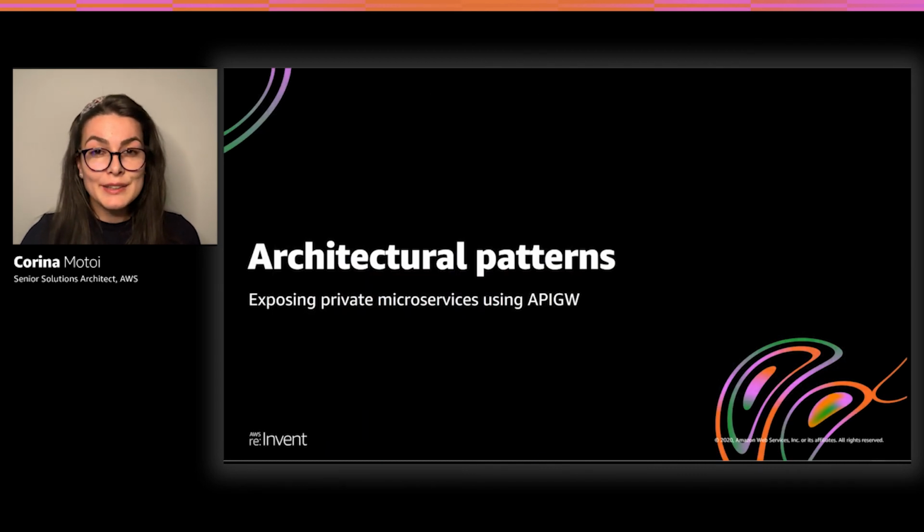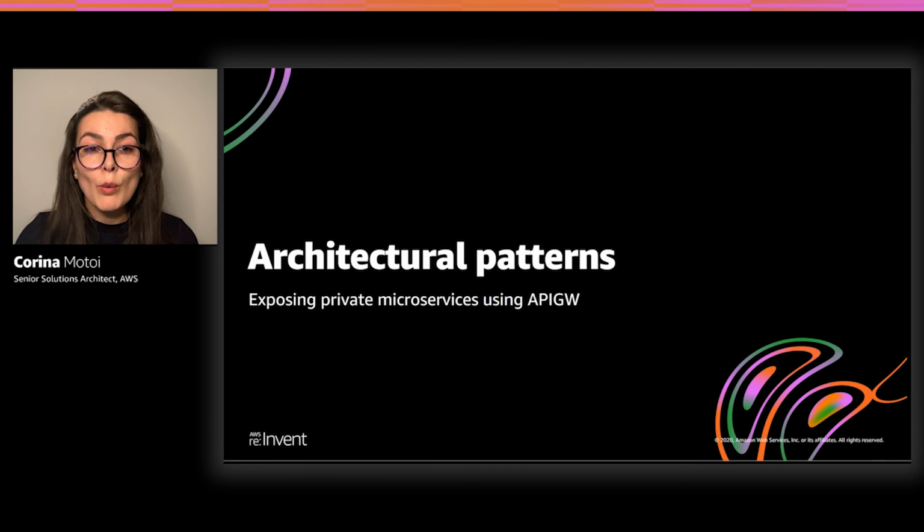One last pattern which I really want to discuss with you, as I think it is quite useful, is with API Gateway. Usually customers can create internet-facing APIs in front of their ECS and EKS services, and those are sitting in a VPC, most of the time behind an ALB or a network load balancer.